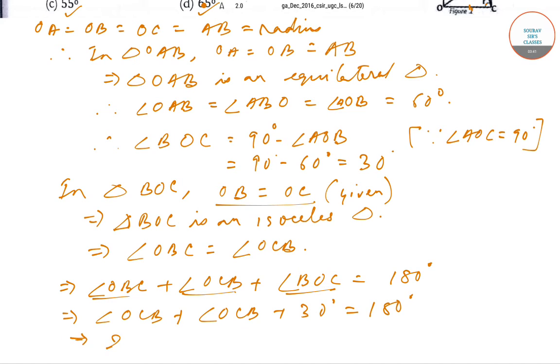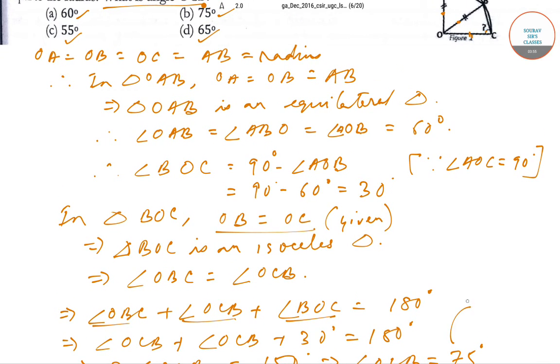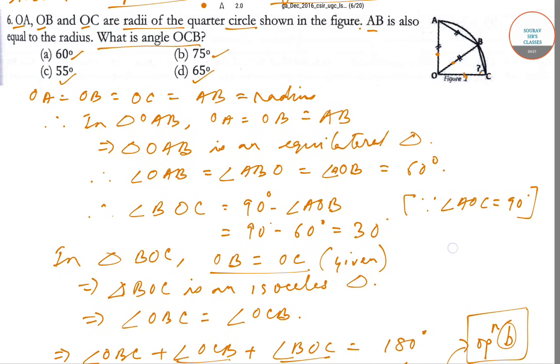So that implies that twice of angle OCB is equal to 150 degree, and that implies that angle OCB is equal to 75 degree, which is nothing but the option B. So option B over here is the correct option.